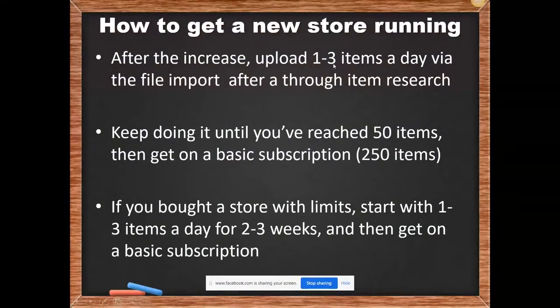Okay, now our store is ready to run. This is when I start uploading 3 items a day until I reach 50 items. Why 50? Because eBay gives you 50 free listings a month, if you don't have a subscription.